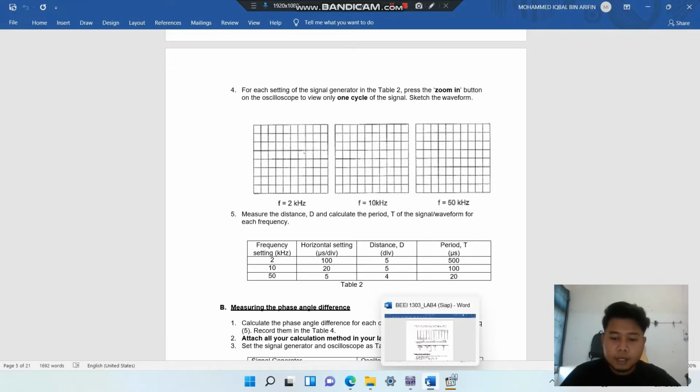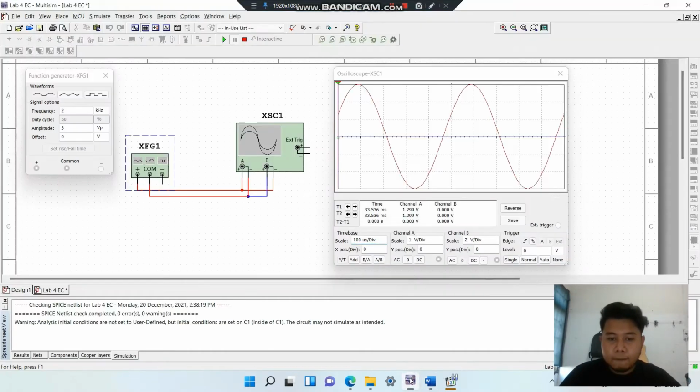500 microsecond. All right. We can also calculate the VP or the VPP of the circuit by referring to the vertical setting.